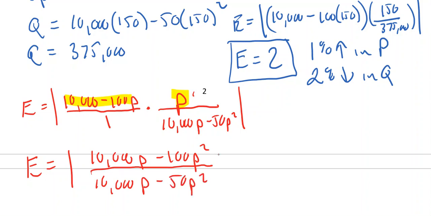All right, and that is elasticity expressed as a function. Now, the advantage to doing that is that we can now find the price elasticity for any price. I can just go ahead and plug any value of P in here, and it will give me the price elasticity. Price elasticity varies with price.